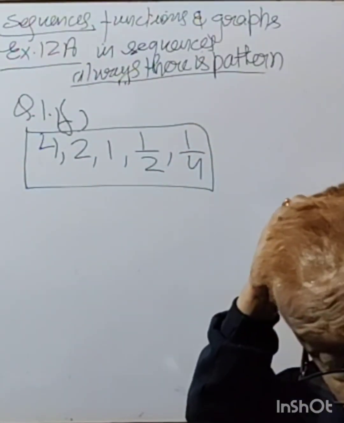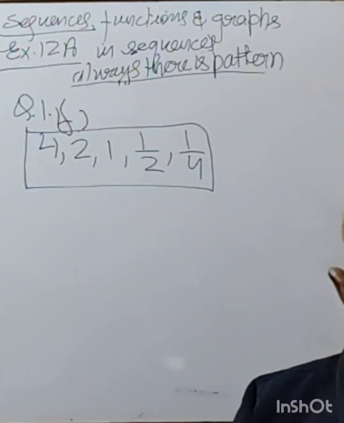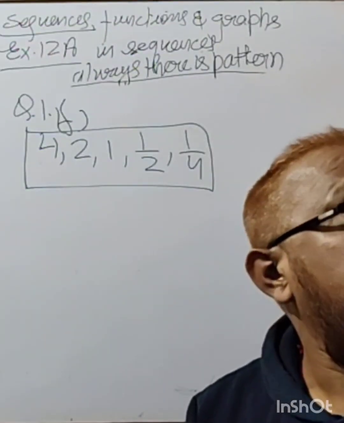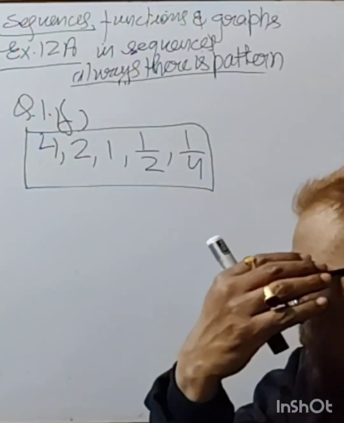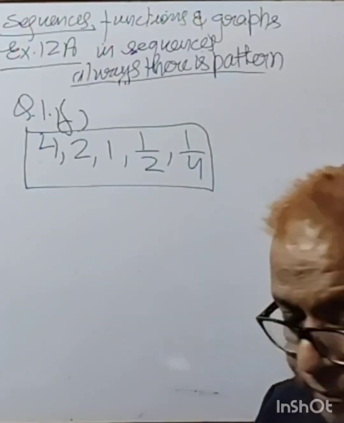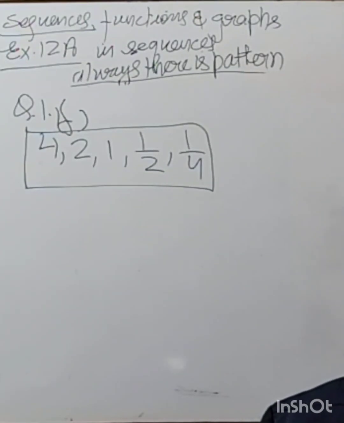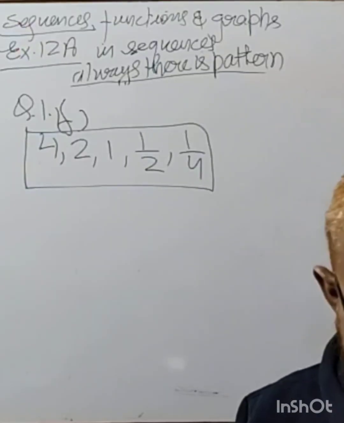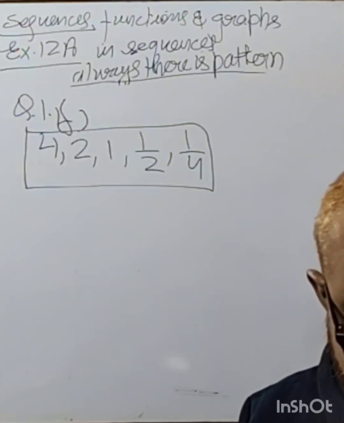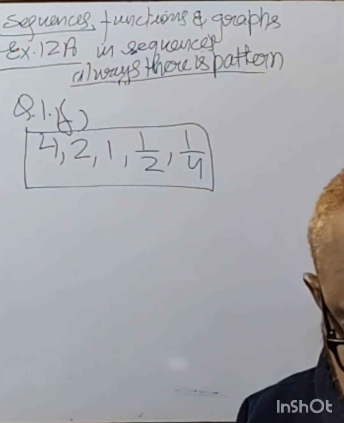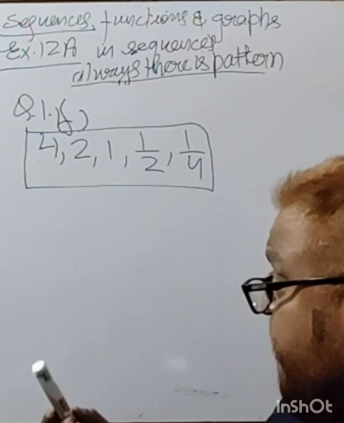Yeah. What kind of sequence is it? Can you tell me? It's divided by 2, so it's geometric. It is geometric.